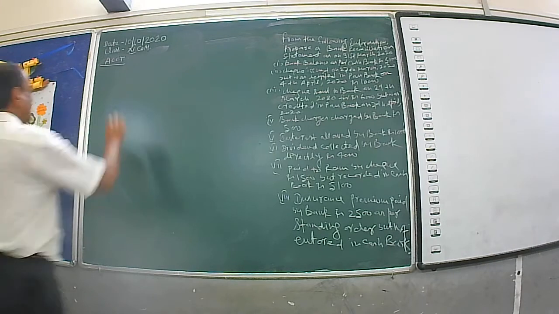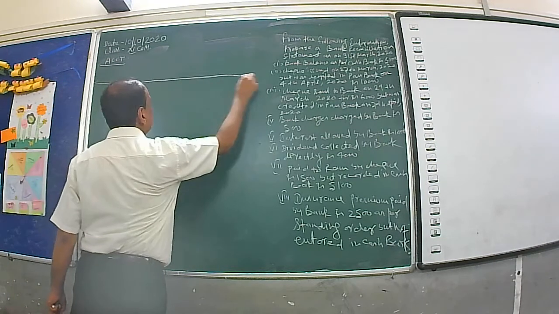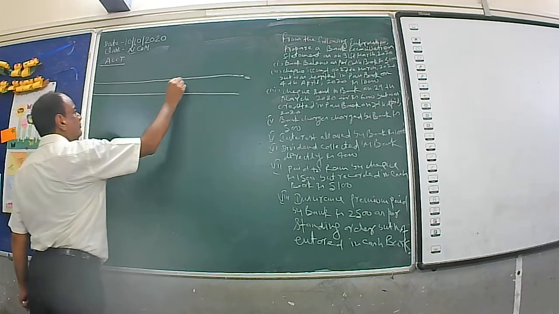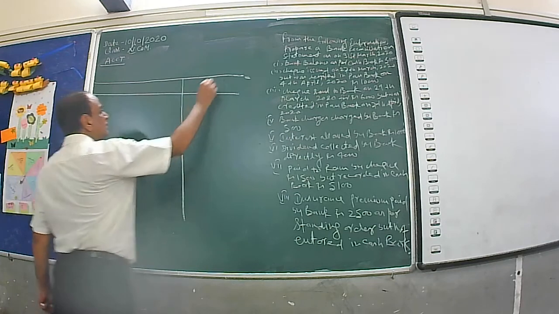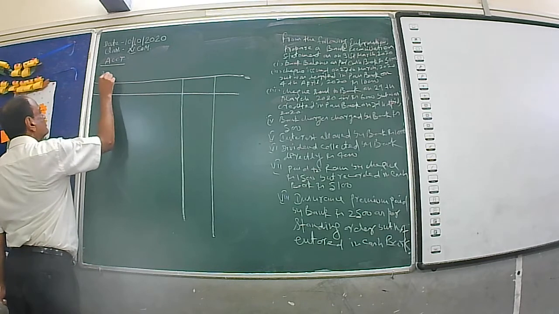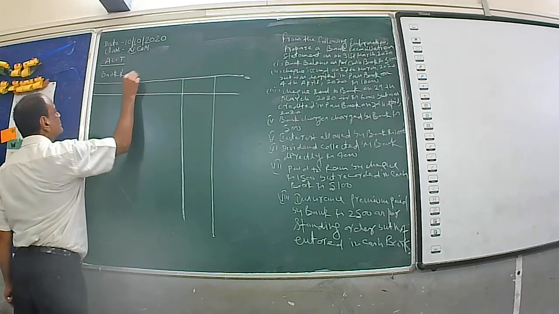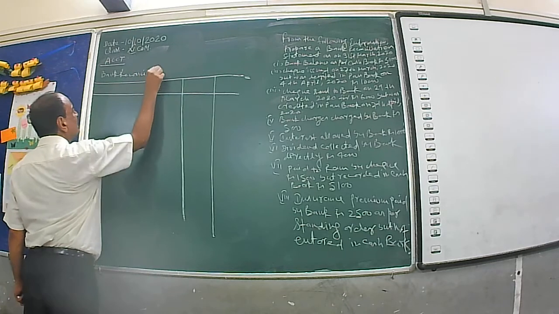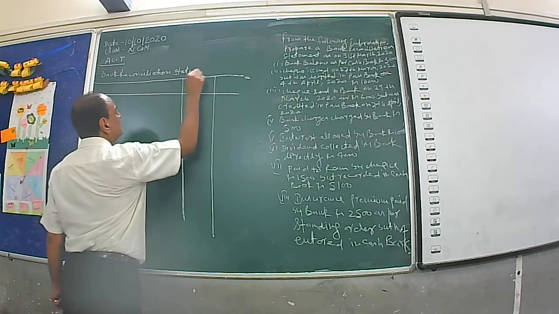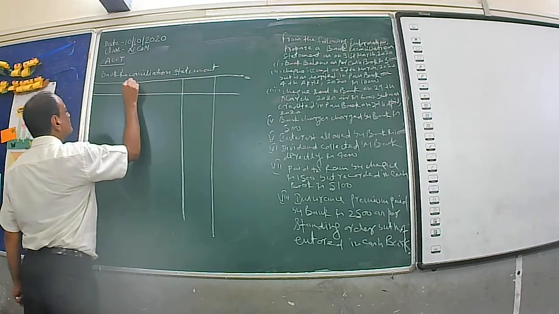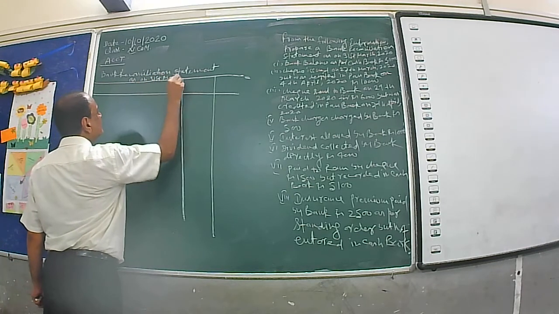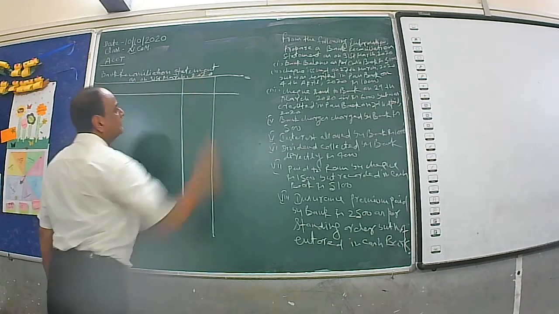This is the problem. I will have to prepare the bank reconciliation statement. Make the format: particulars, details, amount. Bank reconciliation statement as on 31st March 2020.